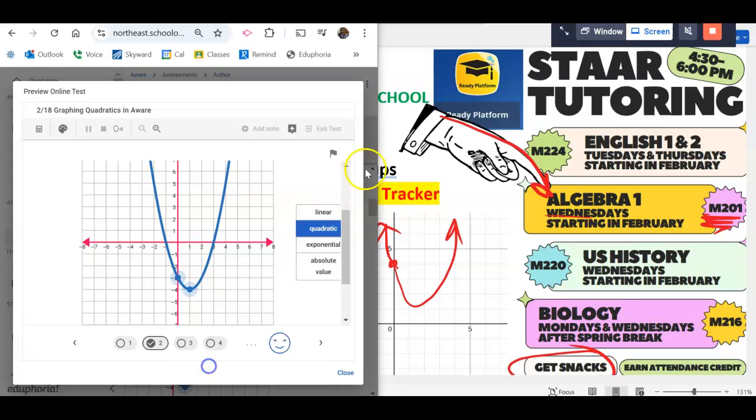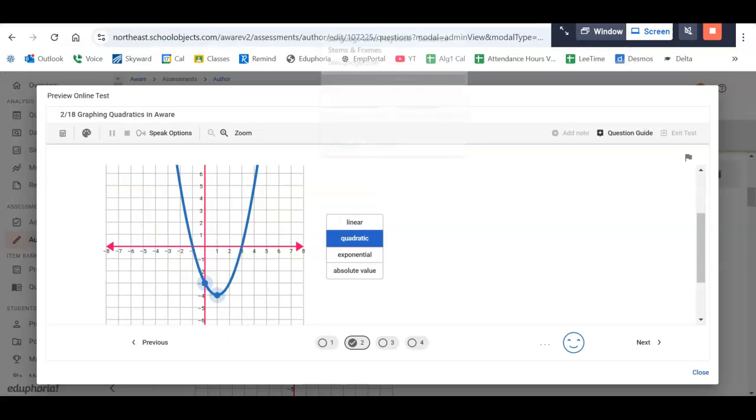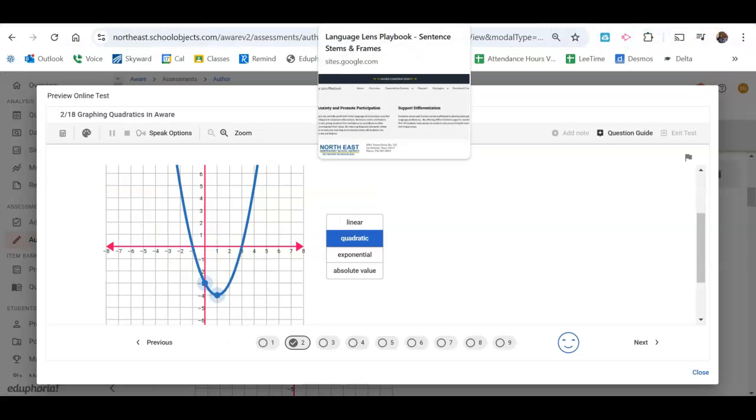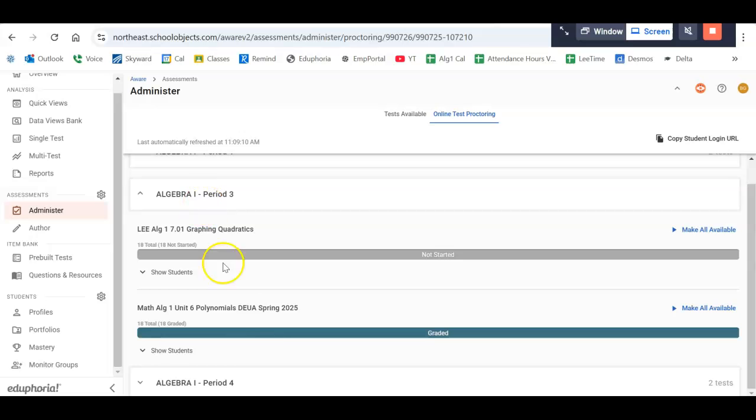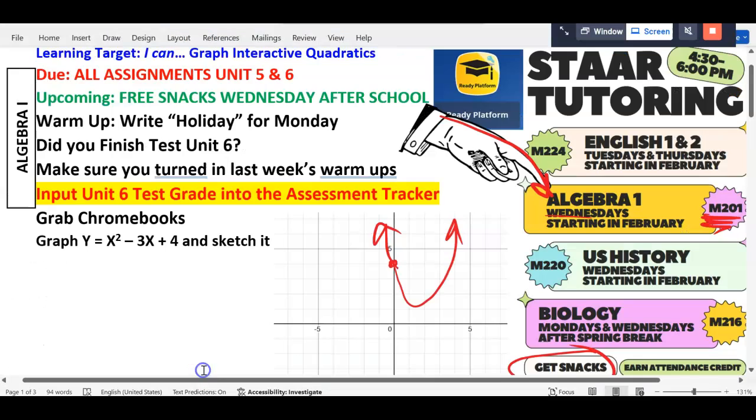So what you're going to do, this is not a test, but you're going to get to the assignment the way you would take a test. You go to the Aware app in Launchpad. So go ahead and find your way over to Aware, and you're going to see an assignment that says Lee Algebra 1 7.01 Graphing Quadratics.